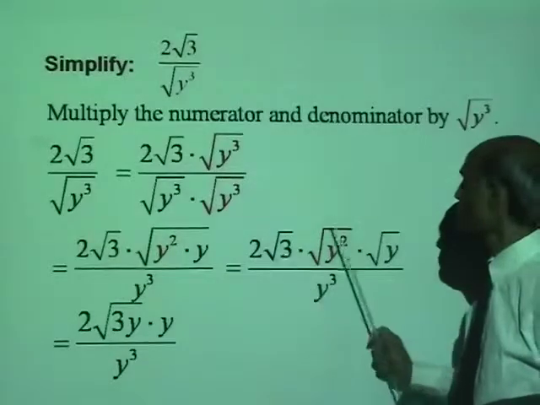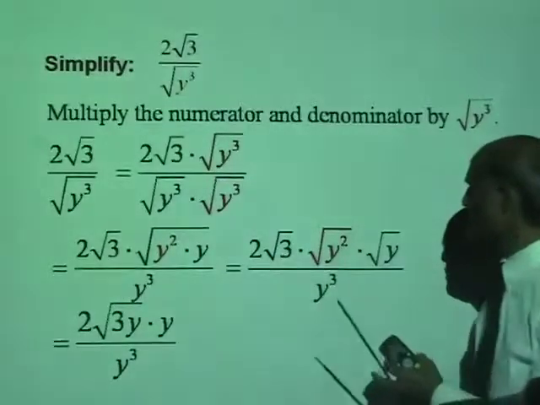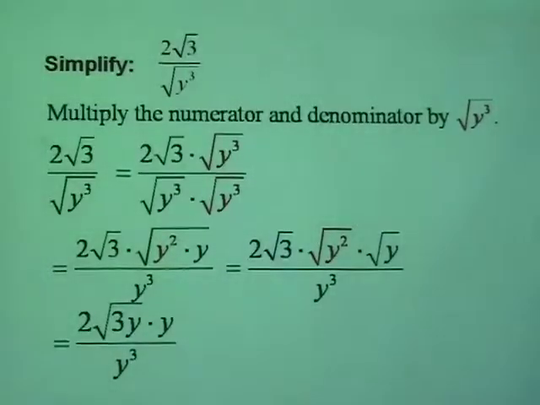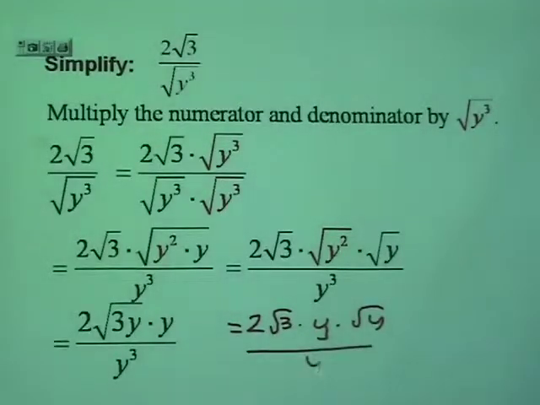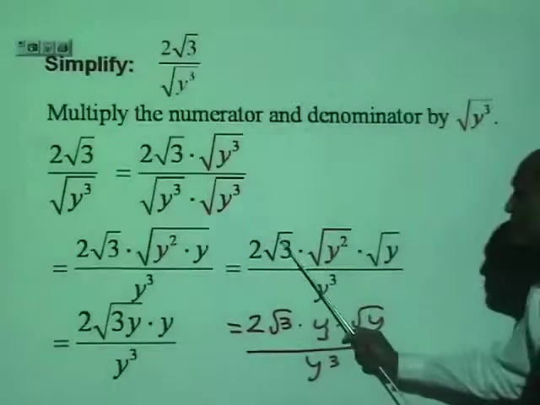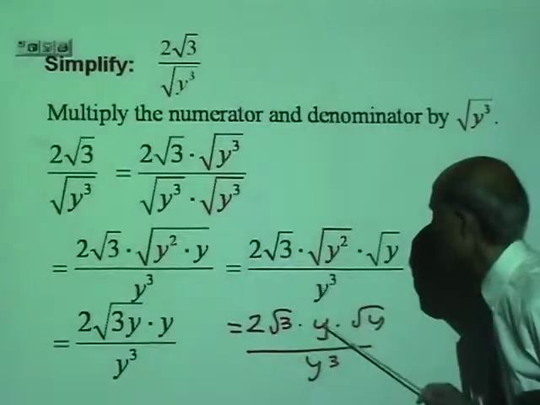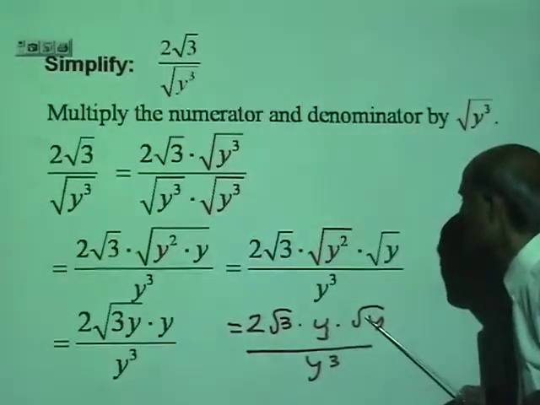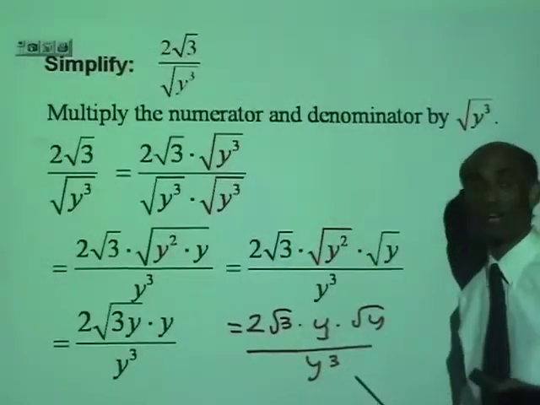Let me write that step one more time. That will be 2 square root 3 times y times square root y divided by y cube.